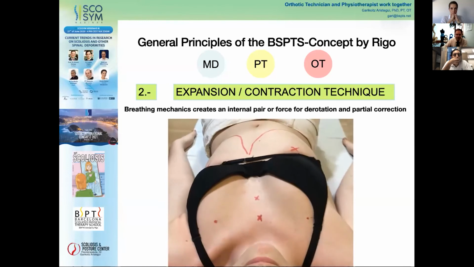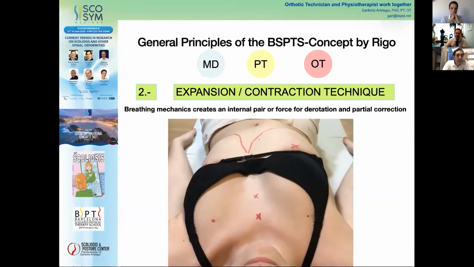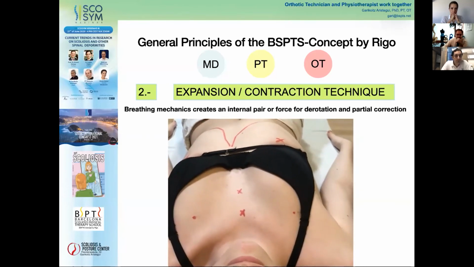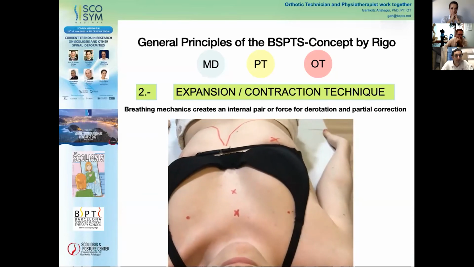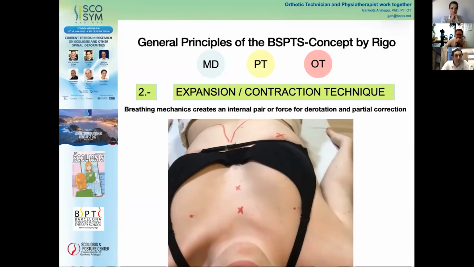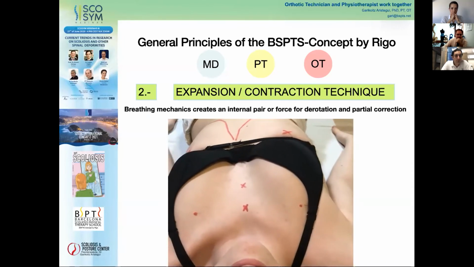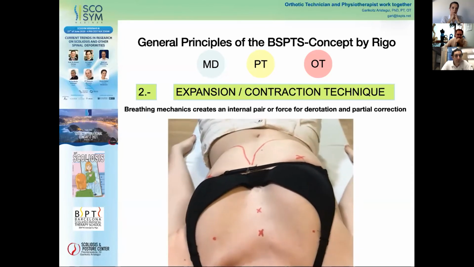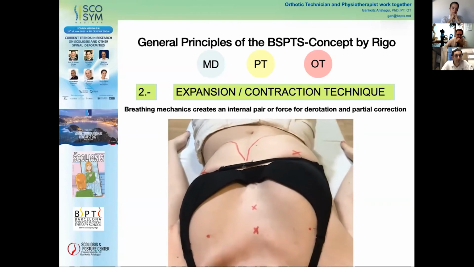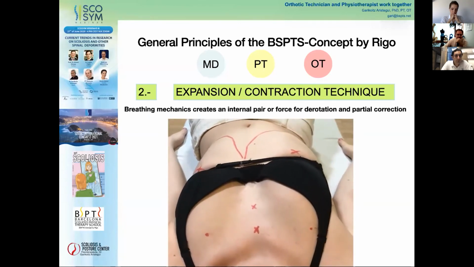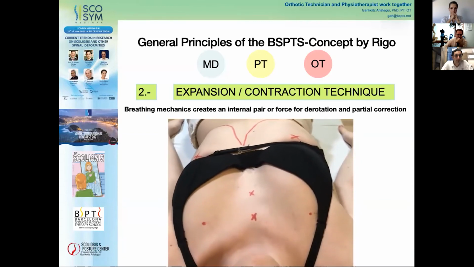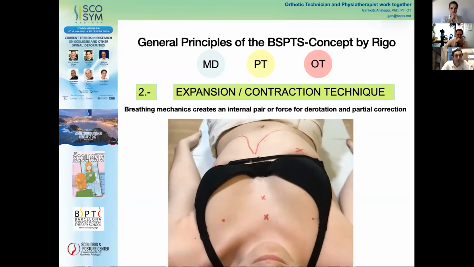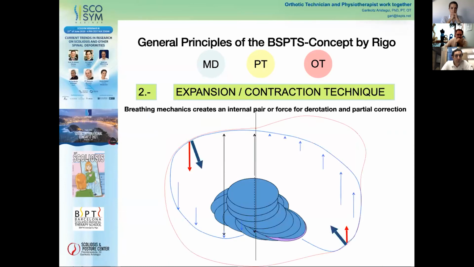Here in this video, we can see very easily how this patient can manage her ribs to decide where she wants to move and to put the concentration. We can see here how the right ribs move more than the left, which go to the back. Perfect. This is the same that we have seen before.